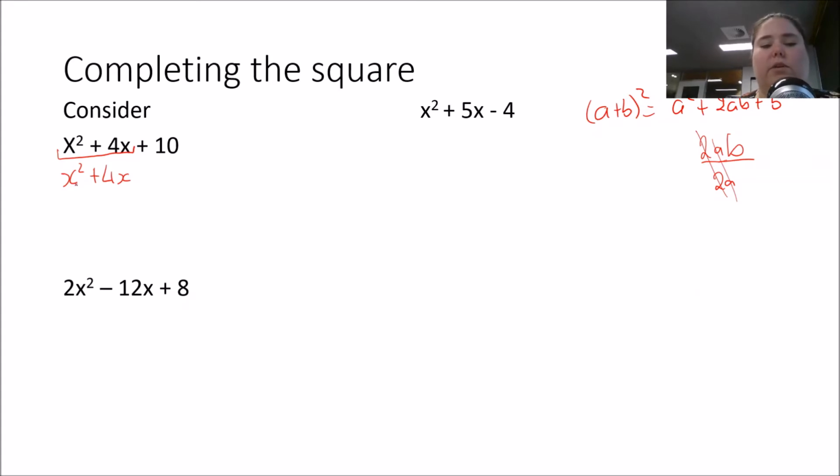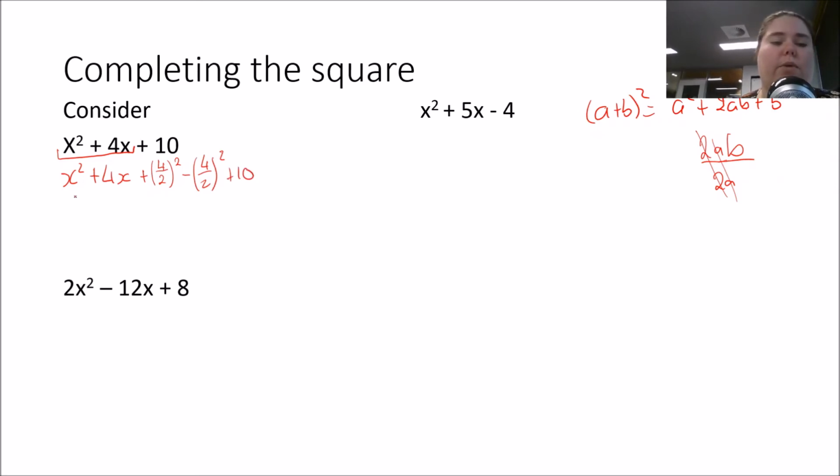Technically we can just divide by 2 with all of these x ones because we don't need to think of the x. So what we're going to do is add b on 2 to figure out what b is, and we're going to square it. We're going to take away the same thing, b on 2 squared, then add our 10.